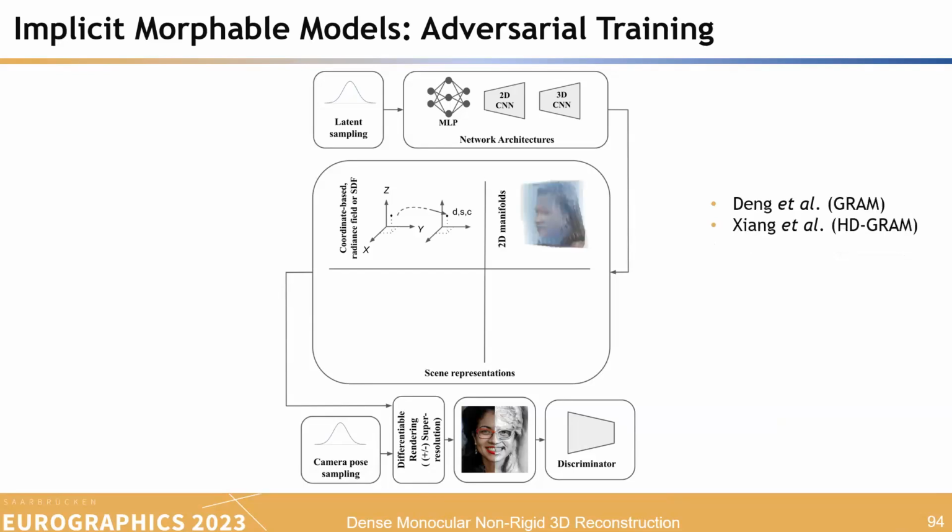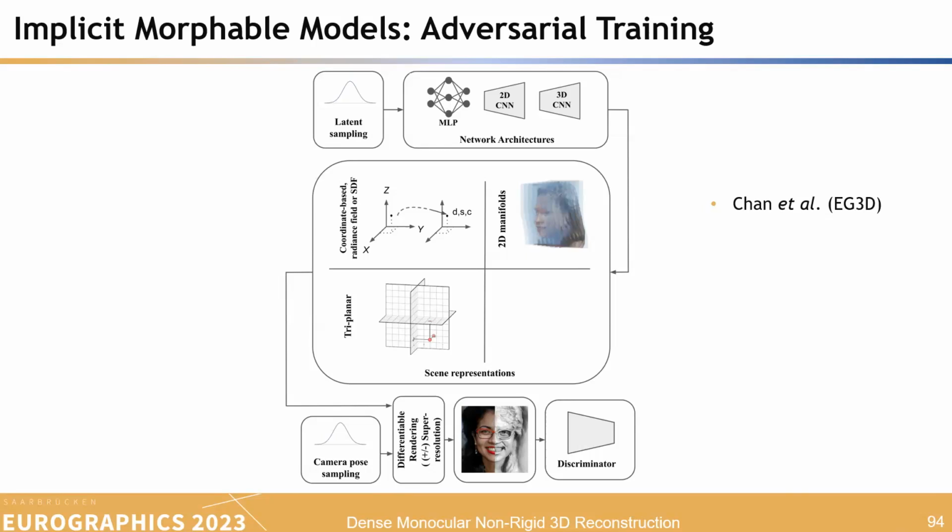To solve the sampling problem, the recently proposed GRAM parameterized the space using a bunch of 2D manifolds instead of the whole scene. This enabled more accurate, higher quality renderings. But this still required them to query the MLP at every point in 3D space.